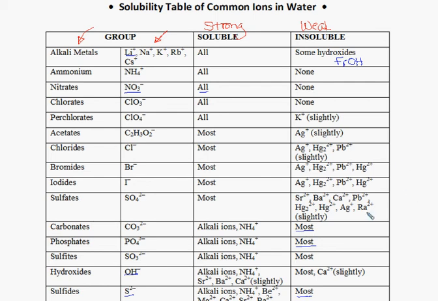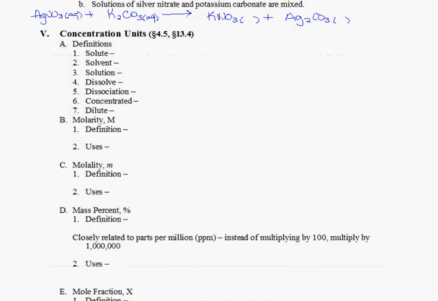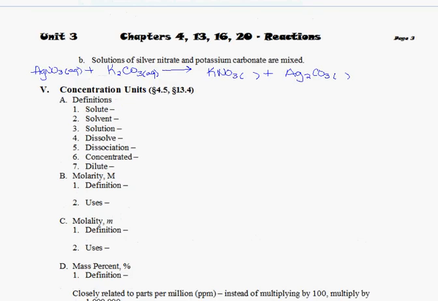So we can go back over and change them into their ions after we make sure we remember which one is aqueous and which one is solid. And so that means we're going to see a silver carbonate precipitate out of the solution.